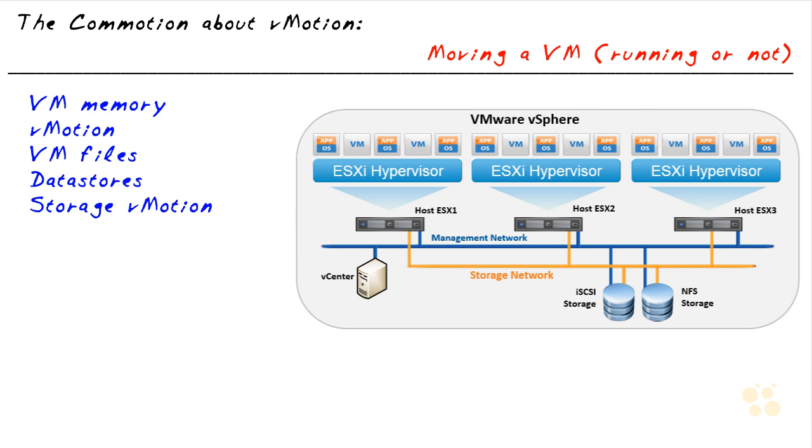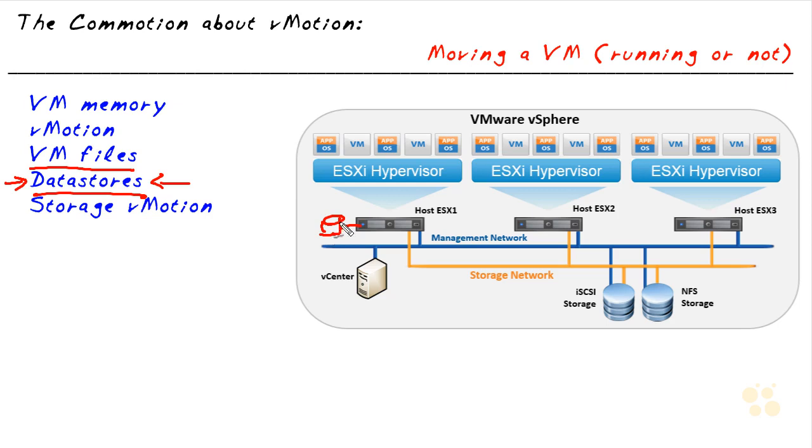Now, in addition to the state of a virtual machine, referring to its memory and everything that's currently going on, there's also some files associated with each and every virtual machine. And these virtual machine files are kept in a location called a data store. So whenever we see the word data store, we're referring to some type of a storage device. Now, a data store, from an ESX perspective, could be a locally attached drive.